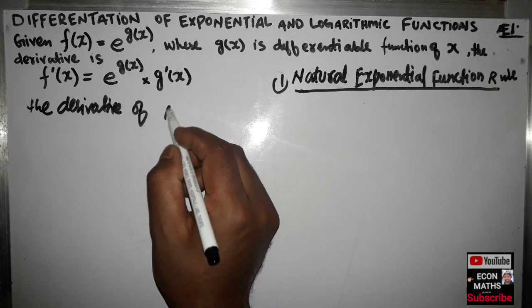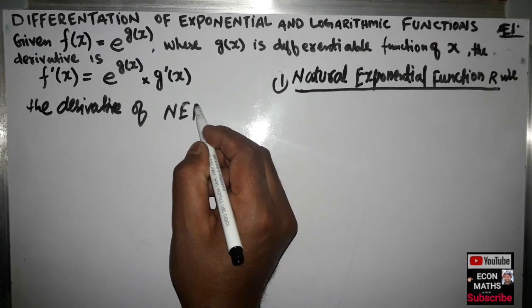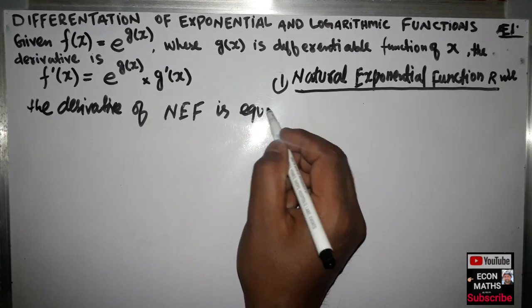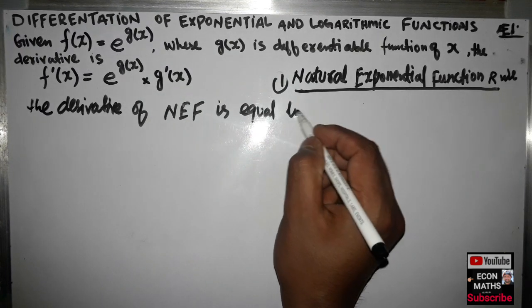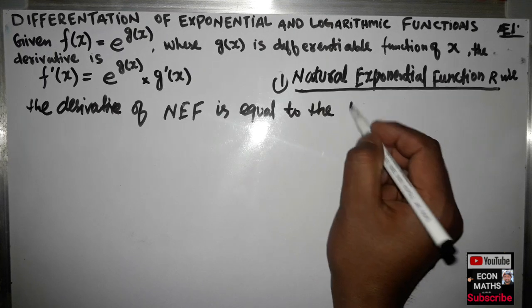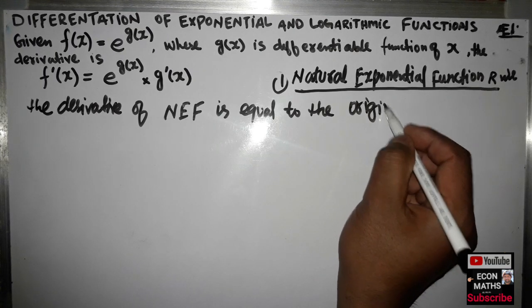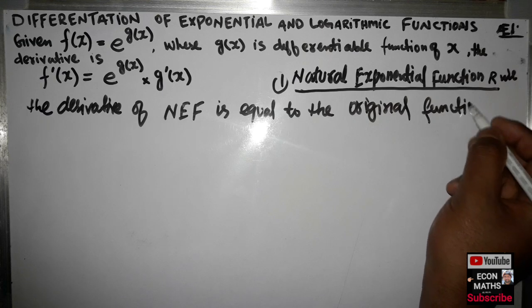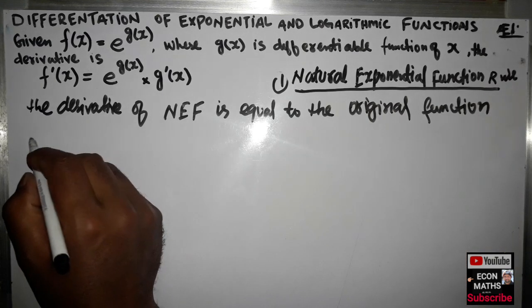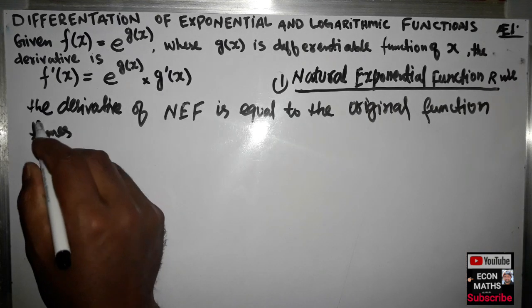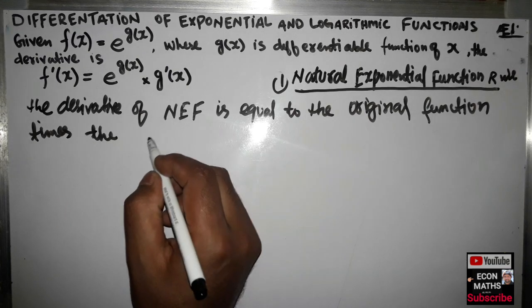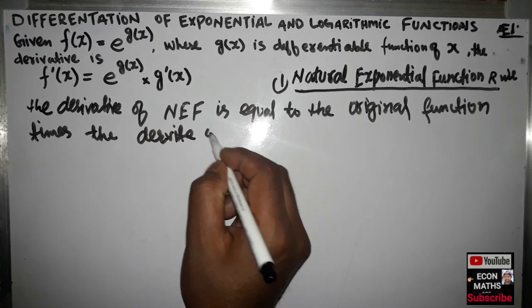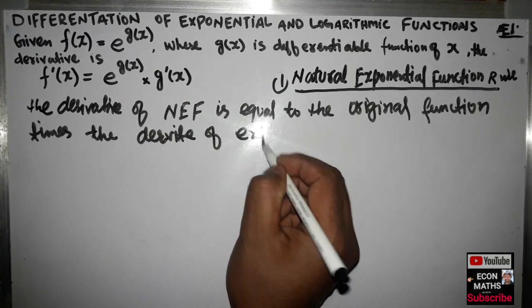That is, the derivative of a natural exponential function is equal to the original function times the derivative of the exponent.